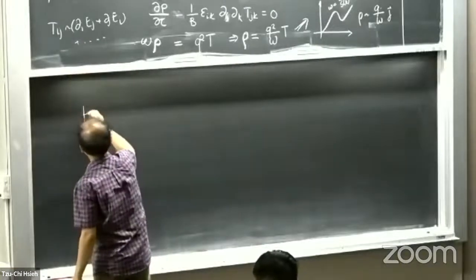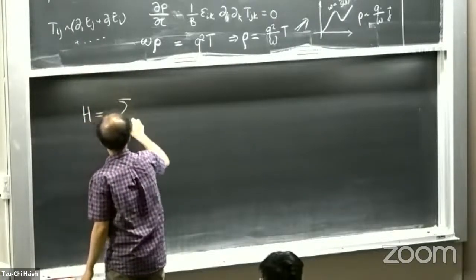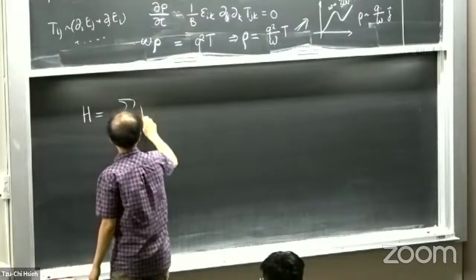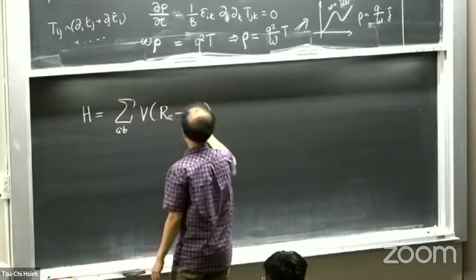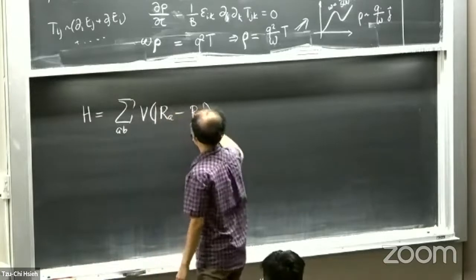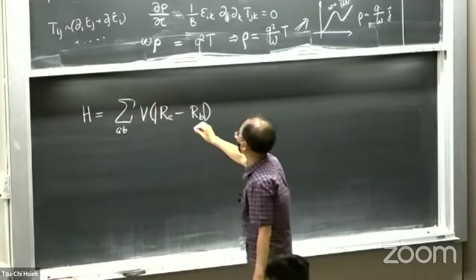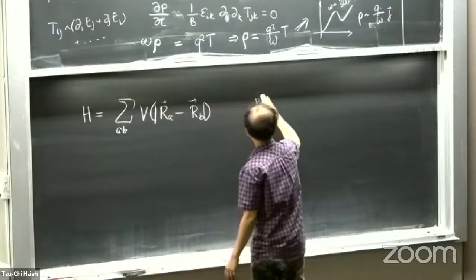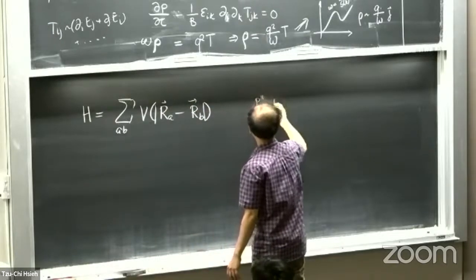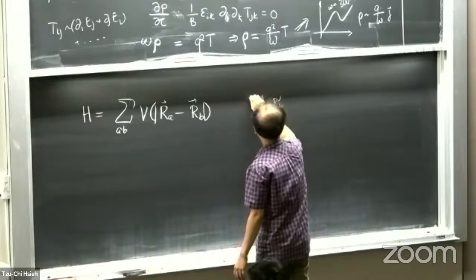A simple Hamiltonian, that is the sum of the potential energy and the difference between the distance between the coordinates, and the theory also has to be completed by the Poisson brackets.